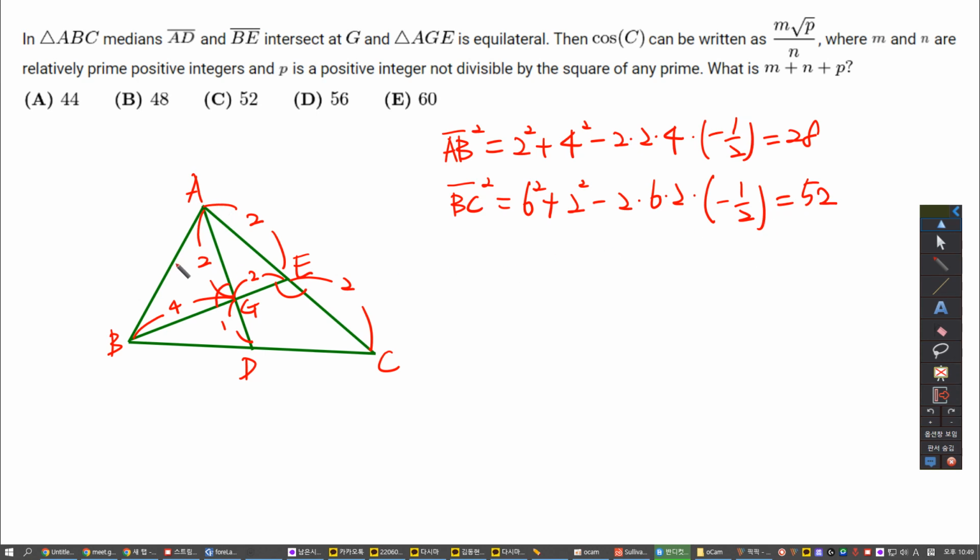So we know now all three side lengths, and then we can find the value of cosine C. So cosine C is AC squared, which is 16, plus BC squared, which is 52, and subtract AB squared, and then divide by 2 times AC and BC.